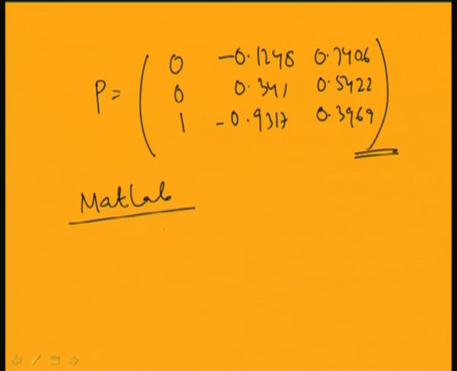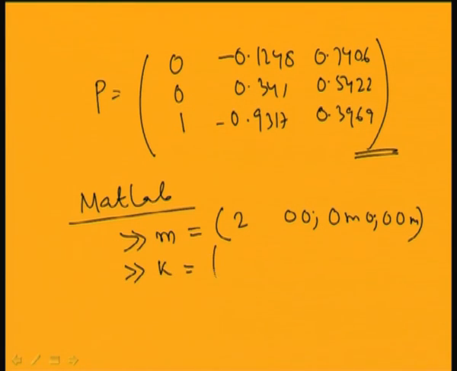Here you just write the A matrix. In your MATLAB prompt you can write the mass matrix M, with diagonal entries 2M, M, M, and then the stiffness matrix K equal to 2 minus 1 0, minus 1 2 minus 1, 0 minus 1 2.